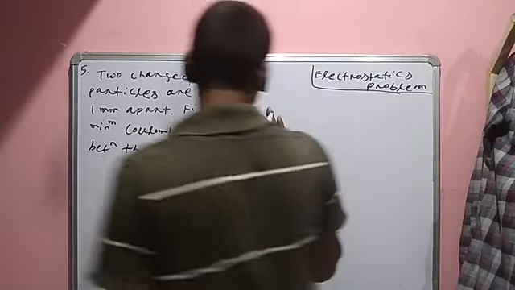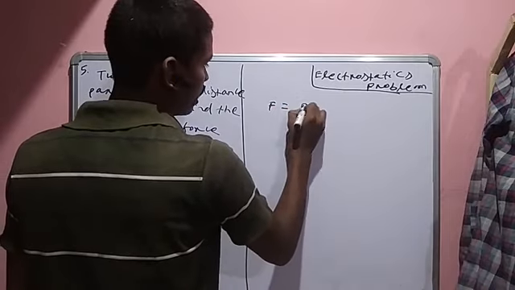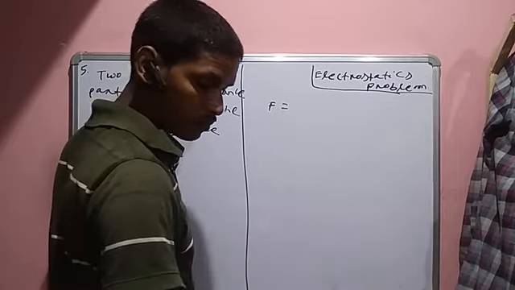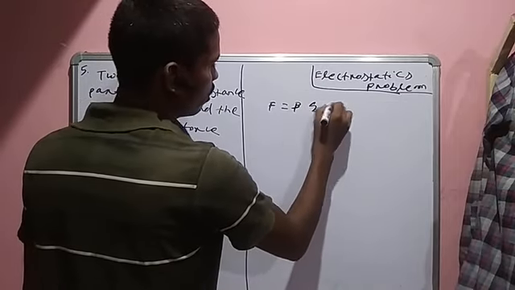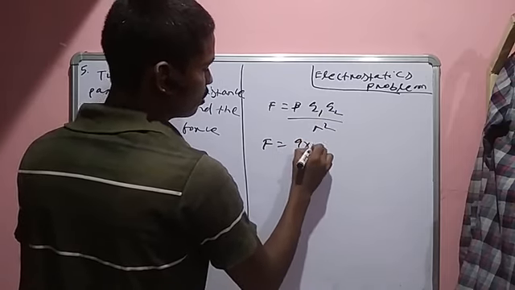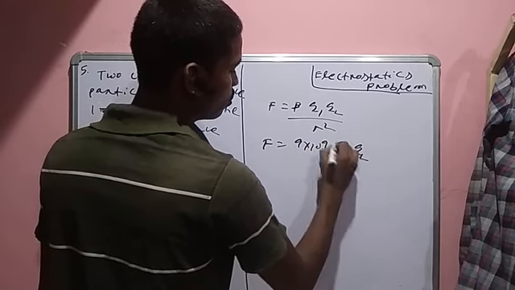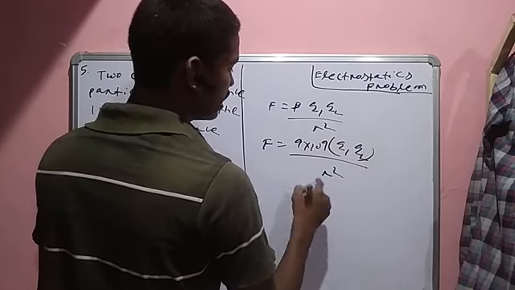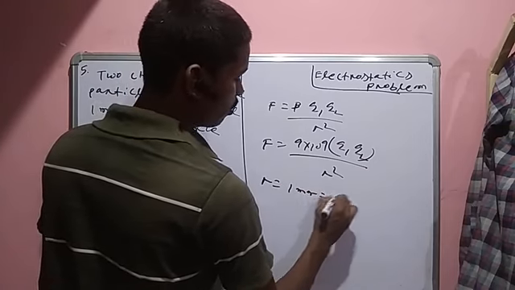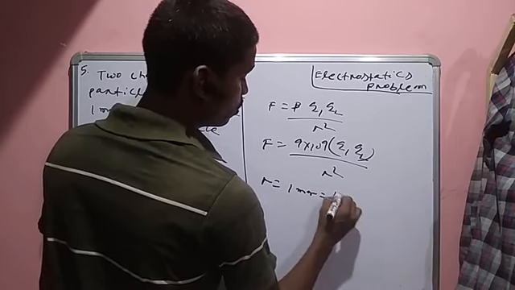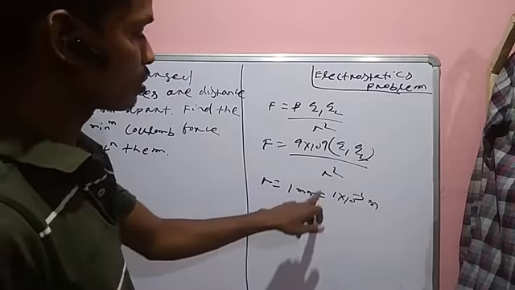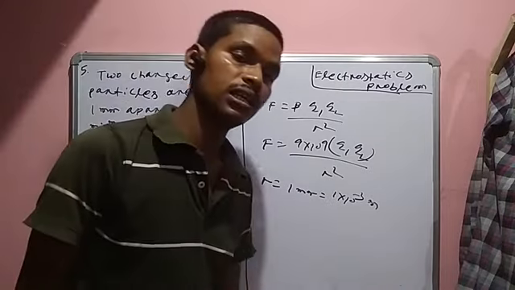We already know the formula for force: k q1 q2 by r squared, where k is the constant 9 into 10 to the 9. r is given as 1 mm, or 1 into 10 to the minus 3 meter. So r squared is also constant; the distance is fixed.